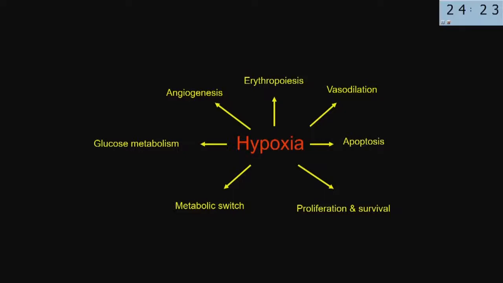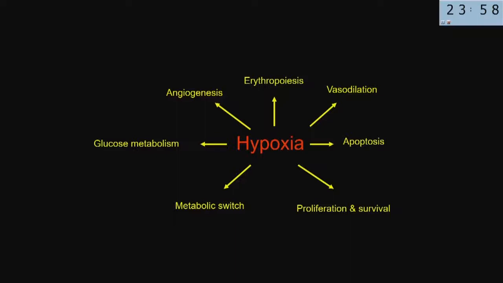Hypoxia is a trigger for a wide array of physiological and pathological conditions, including angiogenesis, erythropoiesis, vasodilation, apoptosis, cell proliferation and survival, and metabolic adaptations.